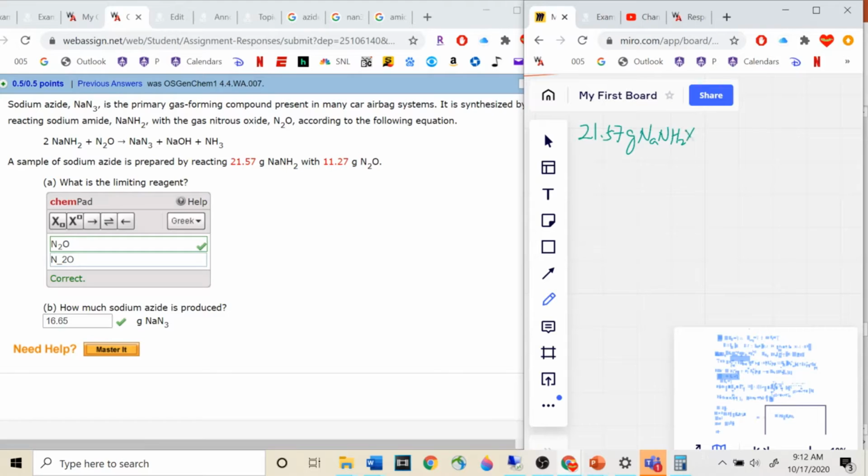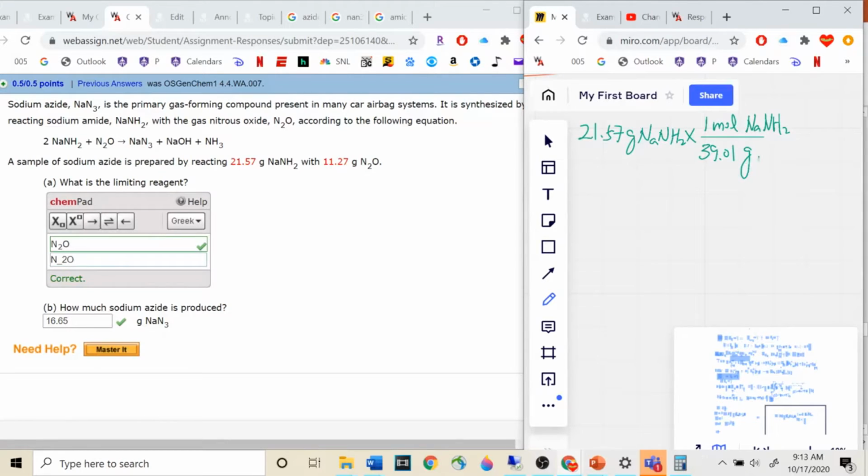We need to convert that from grams using the molar mass, 39.01 grams for 1 mole of NaNH2.